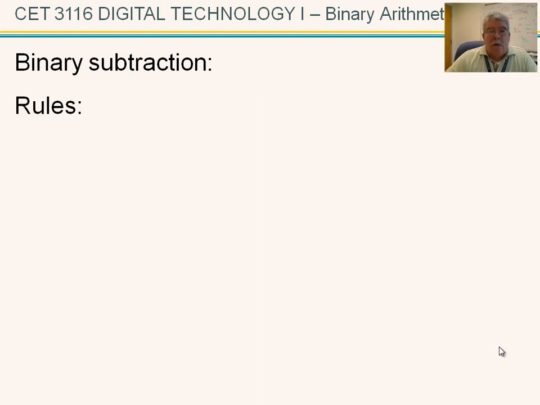Okay. So the rules are the following. If you subtract 0 minus 0, of course, it's going to be 0. If we subtract 0 minus 1, what is the situation here? Well, somehow, this is the case of the column in the rightmost, or the column in the middle from the example that we checked. And we know that this is not sustained by the operation. So we need to borrow 1 from the next.